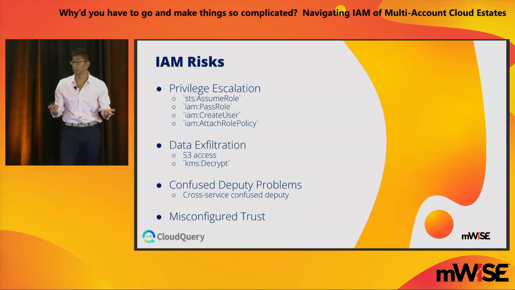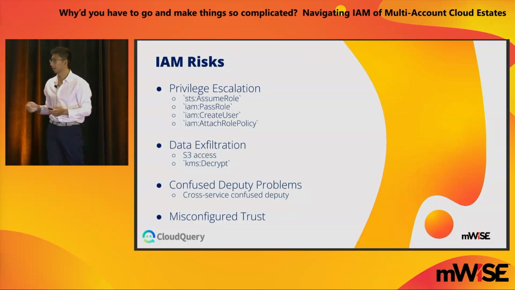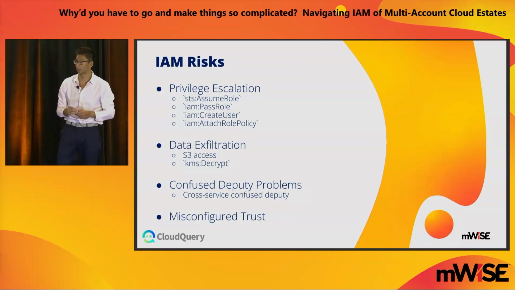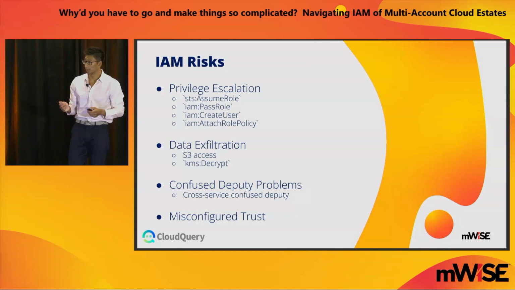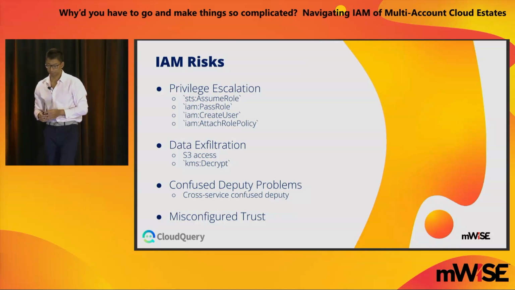So when we first create a Lambda function, passing a Lambda execution role to the Lambda function requires IAM PassRole. There's also STS AssumeRole, which allows us to assume a different role, and we'll go into that a little bit more later.